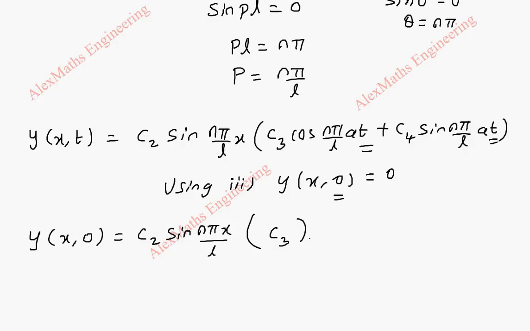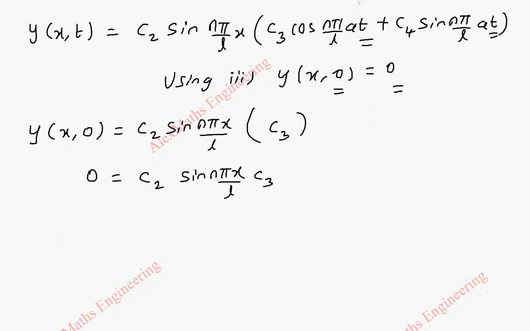So totally c3 is left and this value is 0. So 0 equals c2 sin(n pi x by L) into c3, and here we already discussed that c2 cannot be 0, and sin(n pi x by L) cannot be 0 because it is defined for all x, and therefore the only option is that c3 must be 0.